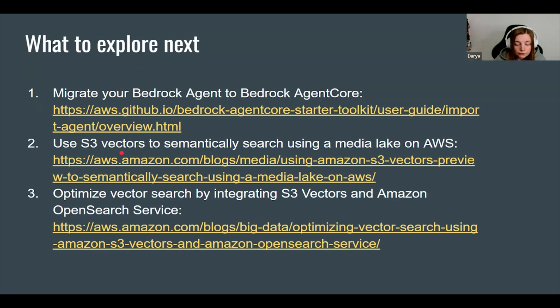Also, I found a very interesting example of how to use S3 vectors to do a semantic search on your data lake. You can dump images, videos, and just type some key phrases and search on your media lake. And also, I was talking about this in the beginning, how you can integrate and combine S3 vectors and Amazon OpenSearch Service to bring cost effectiveness and query performance at the same time.